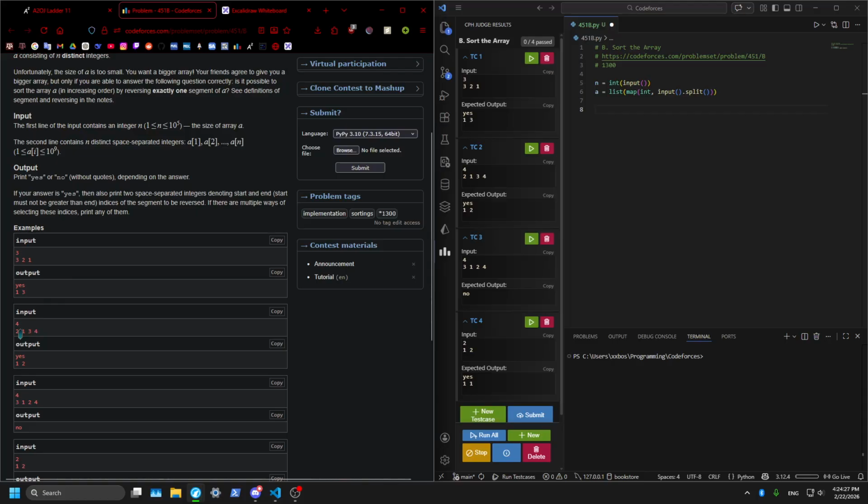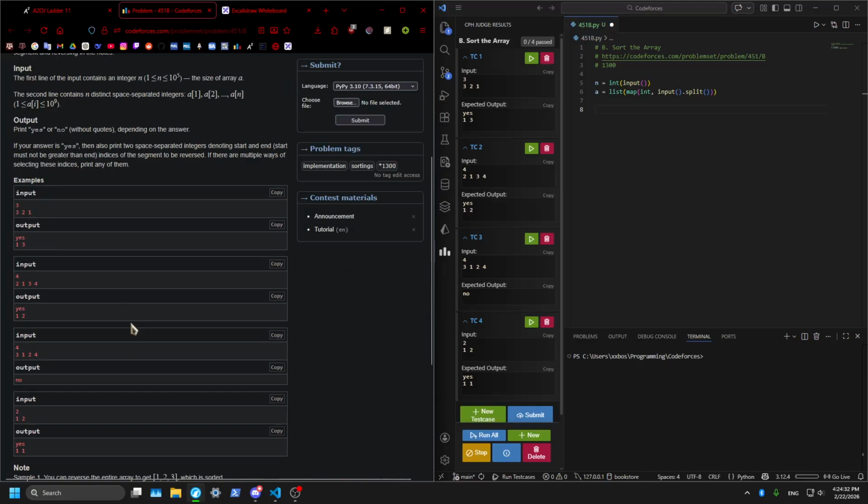Second case, no, it's already sorted. Wait, 1, 2, yes, and we just reverse it. Okay, that makes sense. And this is no.